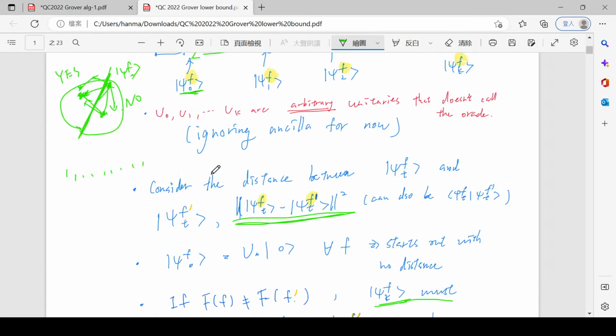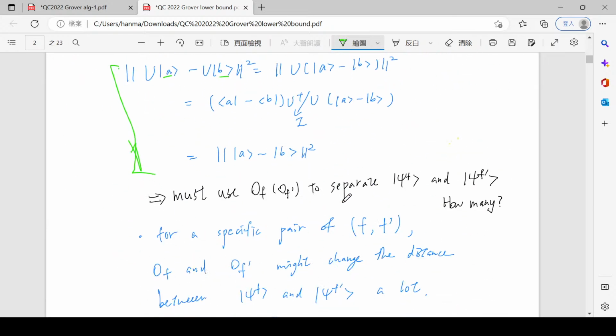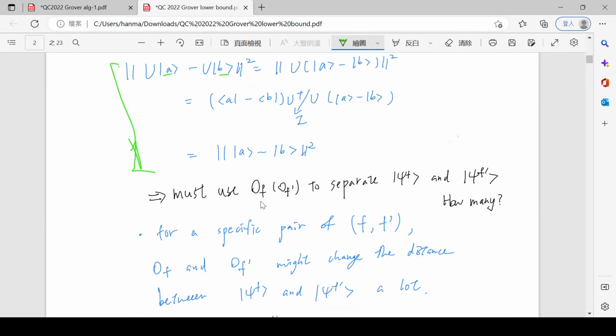And then you know that all the distance increase must come from the oracles. So if you want to make psi f and psi f prime further from each other, then you need to use this OF or OF prime. This is the core part.